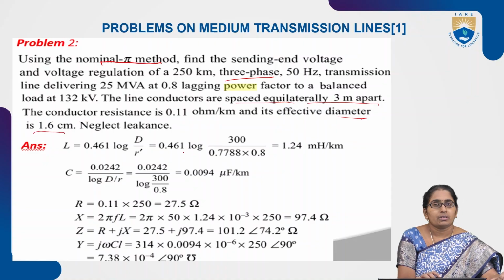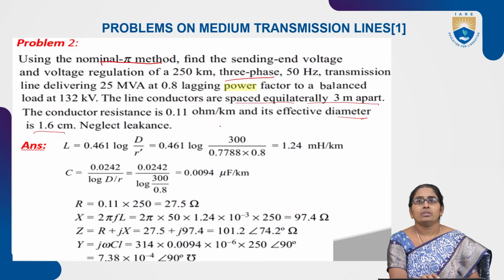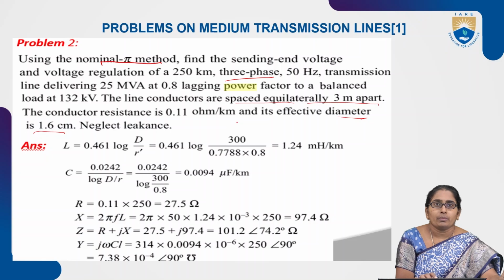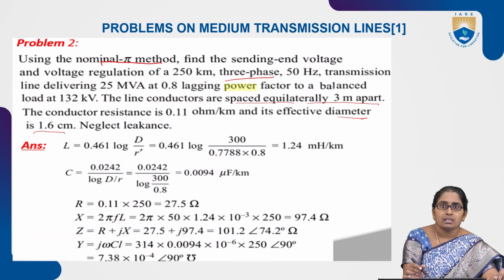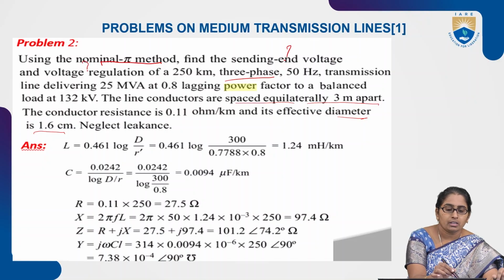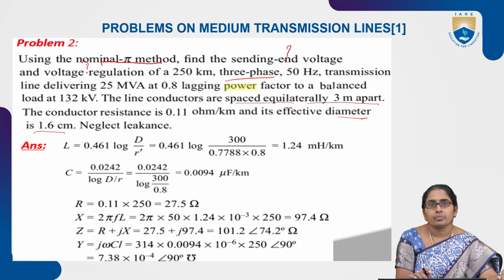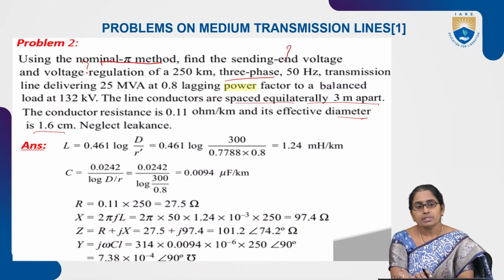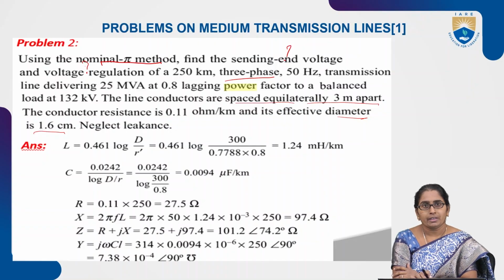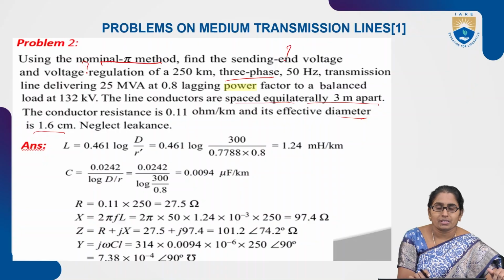Resistance is 0.11 ohm per kilometer. Here they asked us to find the sending end voltage and voltage regulation. So first, using the given data, we calculate the line inductance and capacitance.